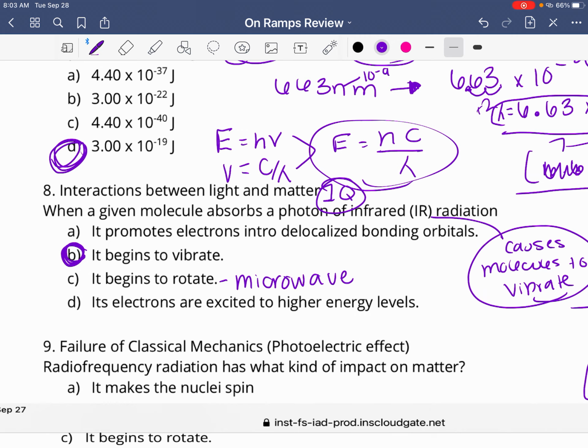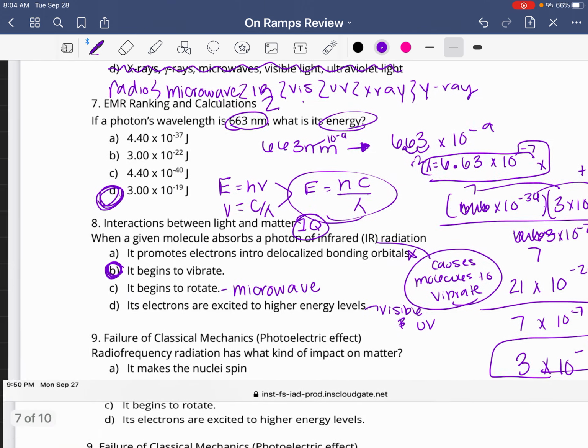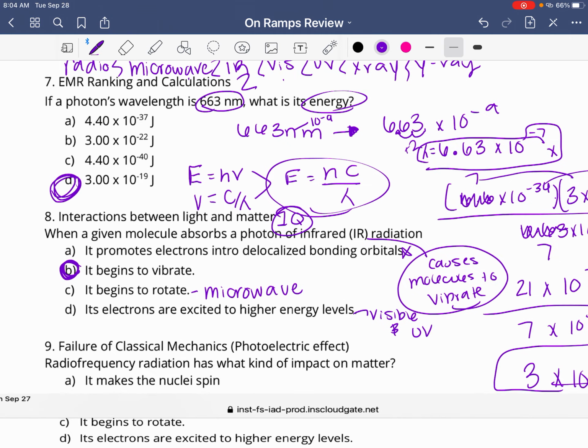Electrons being excited is going to be visible and UV. And it promotes electrons into bonding is none of them. Okay, so know your characteristics that we talked about during class.